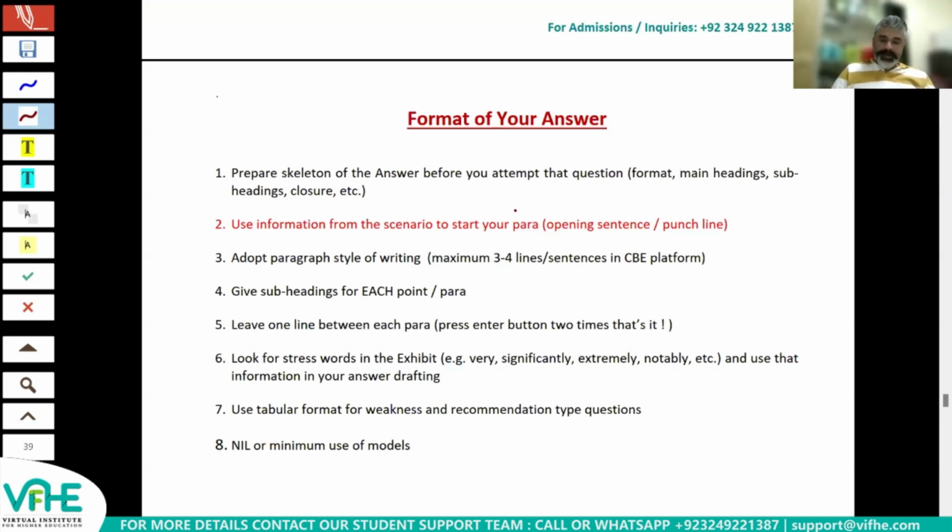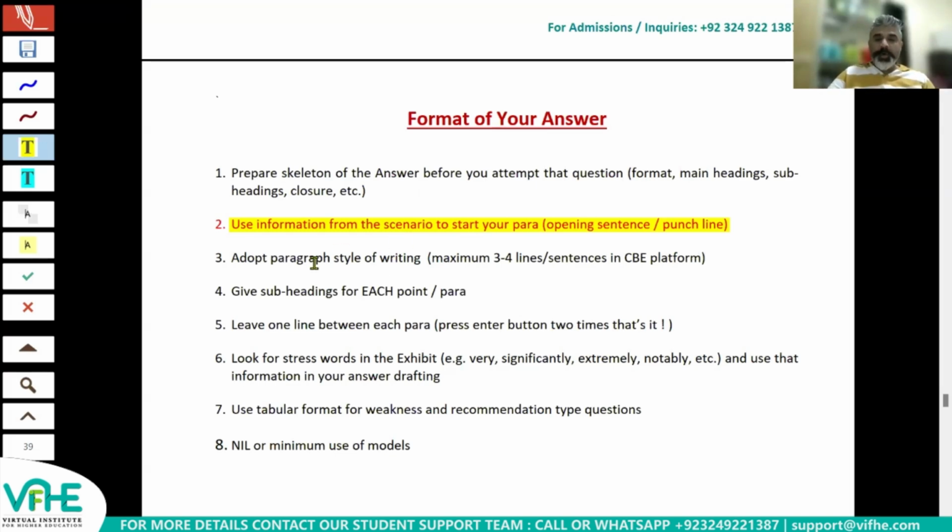We will avoid bullet styles. Each point is a paragraph. I have mentioned that we will always start the point with an opening sentence or punchline copy pasted from the exhibit.